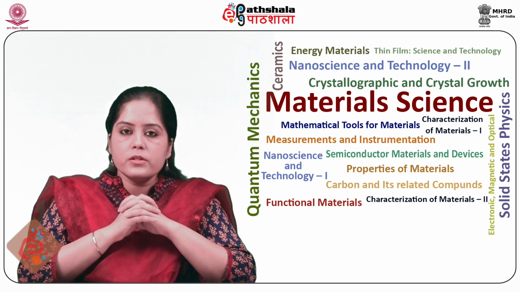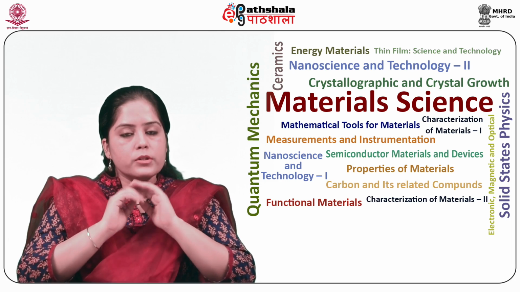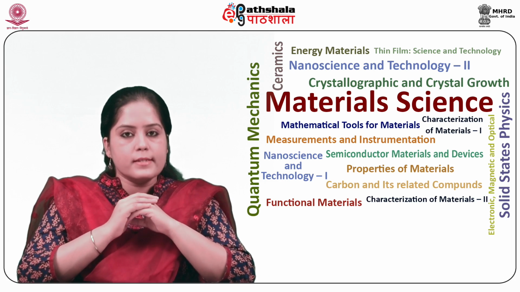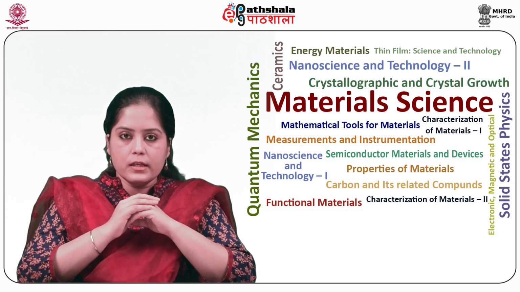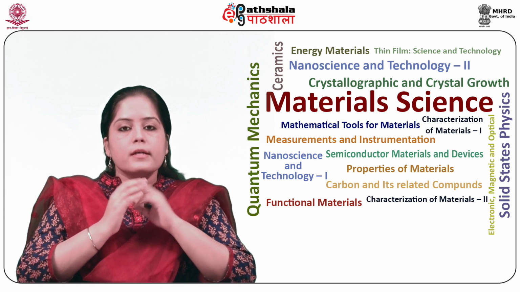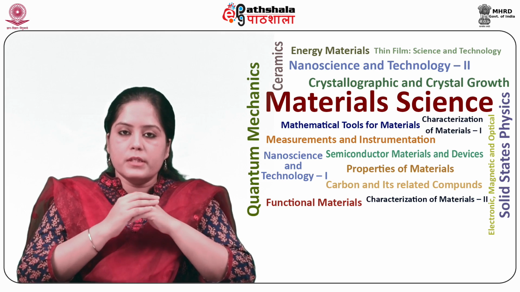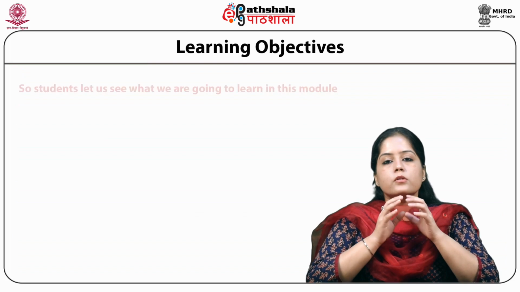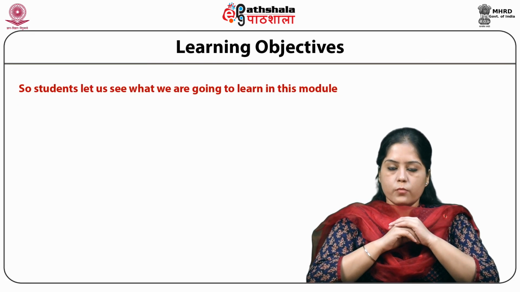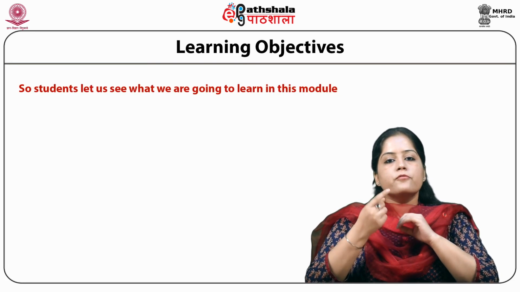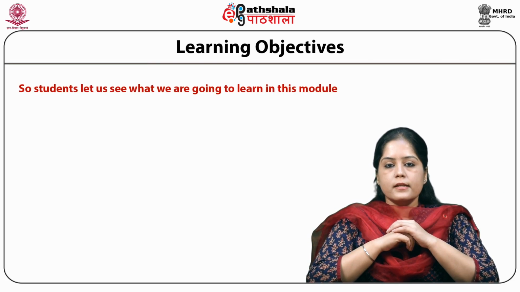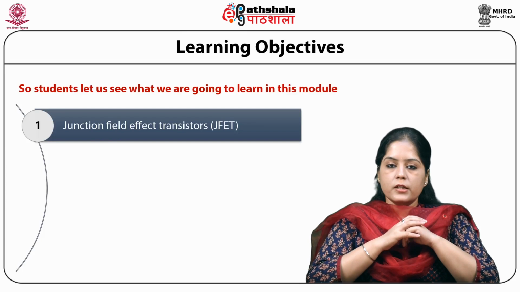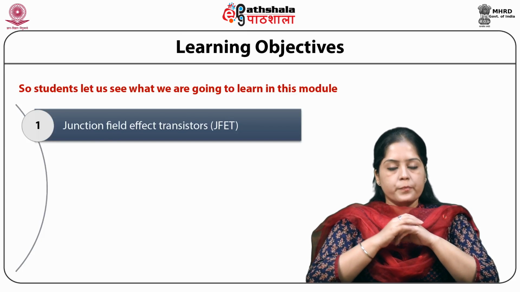Today we are going to discuss the module Field Effect Transistor, FET, from the paper Semiconductor Materials and Devices. The learning objectives of this module are: first, we will be discussing the junction field effect transistor, JFET, and its basic structure.